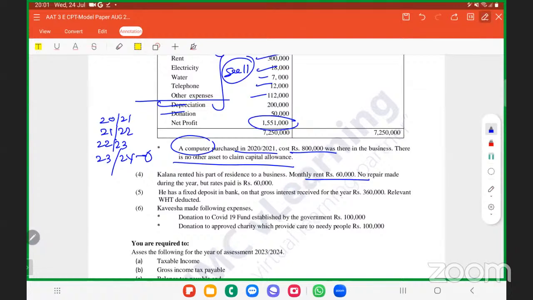So here for an individual, you can deduct the higher value of the actual repair cost or 25% of the gross rental as an expense. If your actual repair expense is the highest value, you have to deduct it from the rent income under the investment. But if the 25% of the gross rental is the highest value, you need to deduct it from qualifying payment. In this case, the actual repair expense is 0.